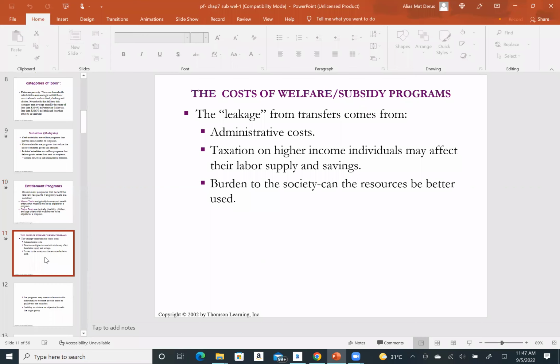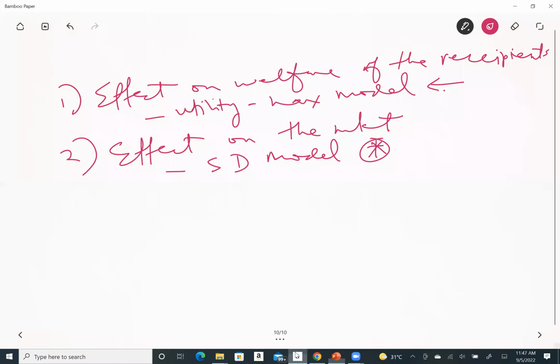Okay, so next, what you want to look at is the cost of the subsidy. The first cost is, of course, the actual cost, the real cost. That is the cost to the taxpayer.